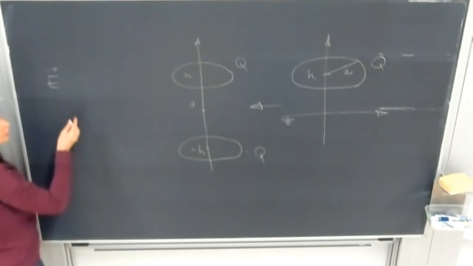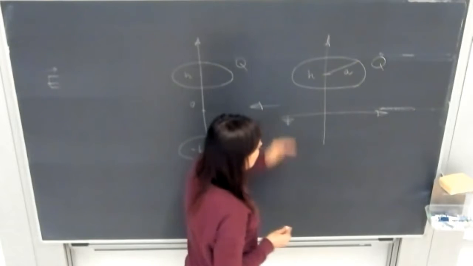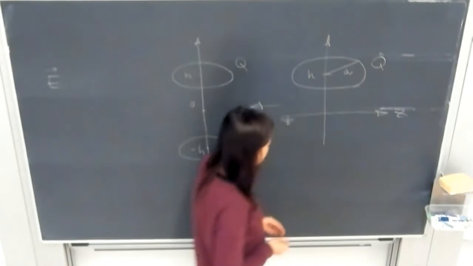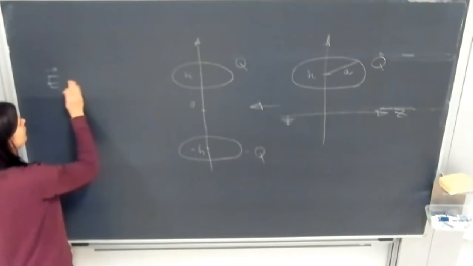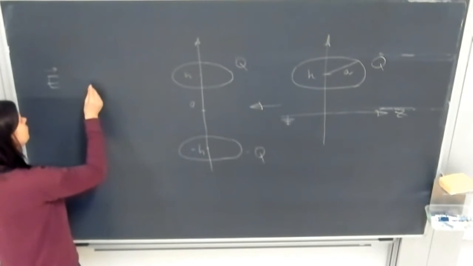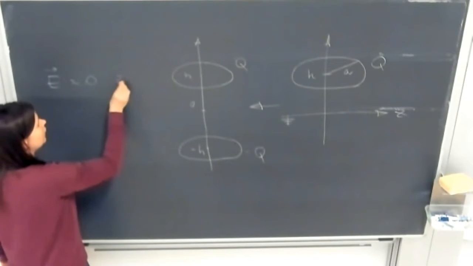So for the first case, the electric field is, let's say it's the z axis, here is the 0. So in z positive, there is some electric field, not equal to 0.